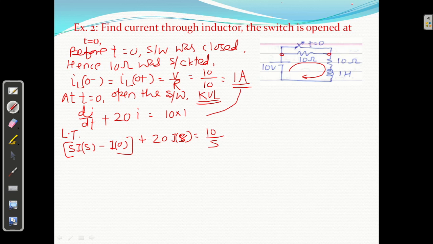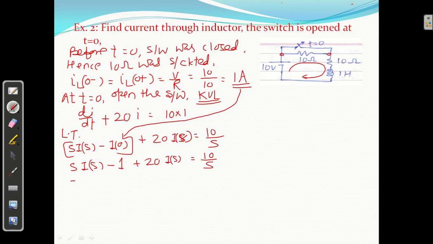Initial value of current, this shows the initial value of current is 1. So we will put the 1. So S I of S minus 1 plus 20 I of S equal to 10 by S.